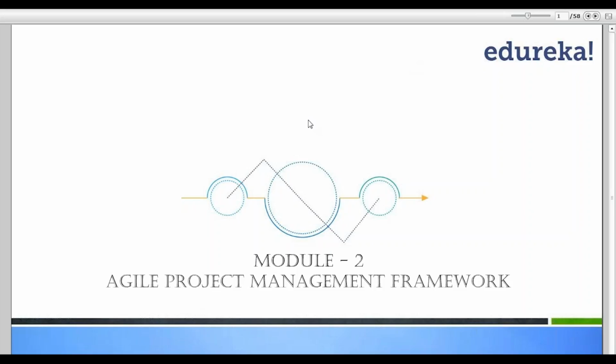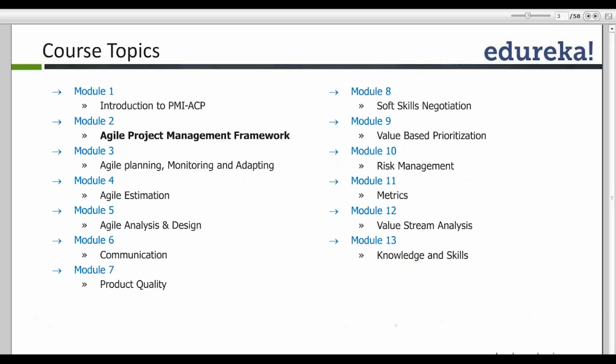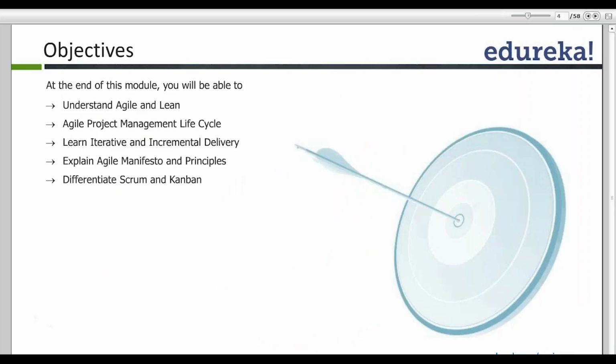Fine. So let's move on to module 2, which talks about Agile project management framework. In this module, we'll be talking about the concept of Agile and Lean, and what essentially is an Agile project management life cycle. If I'm executing a project in an Agile mode, what is the Agile project management life cycle?